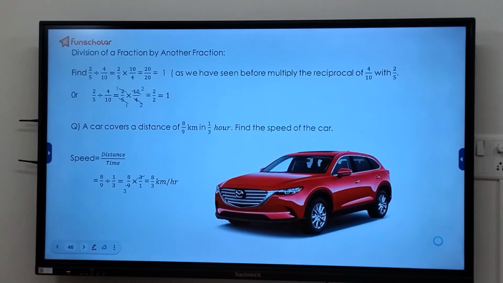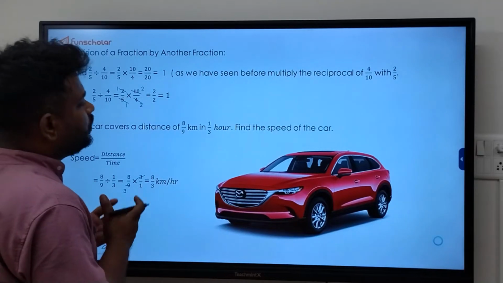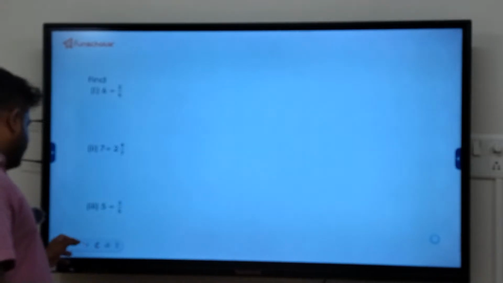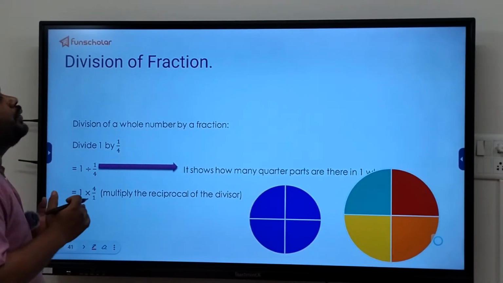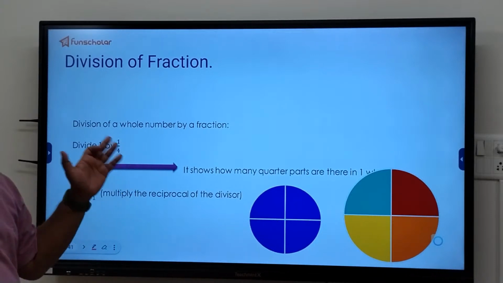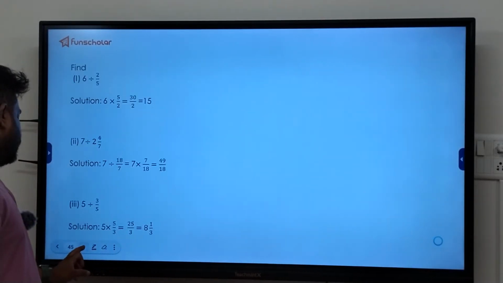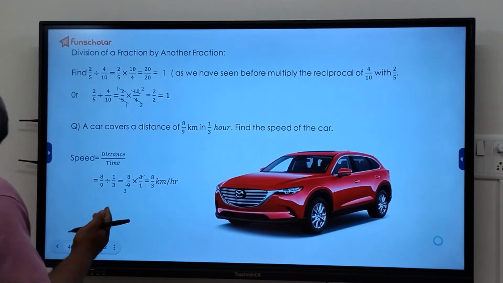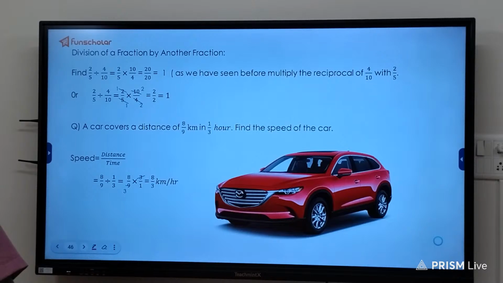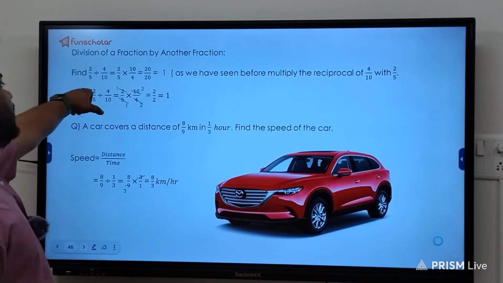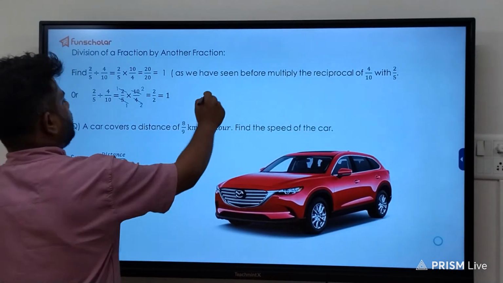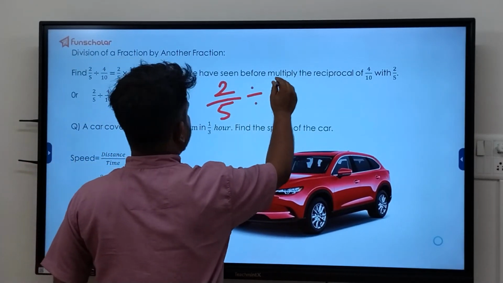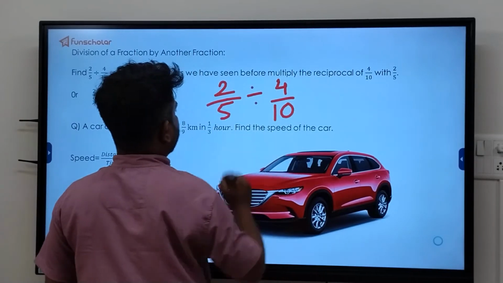Division of a fraction by another fraction. We just learned how to divide whole numbers by fractions, and now we will go further and learn how to divide a fraction by another fraction. Take this example, 2 by 5 divided by 4 by 10.